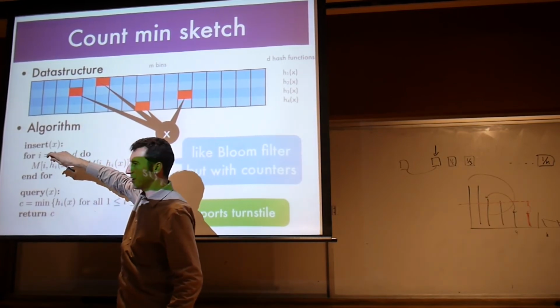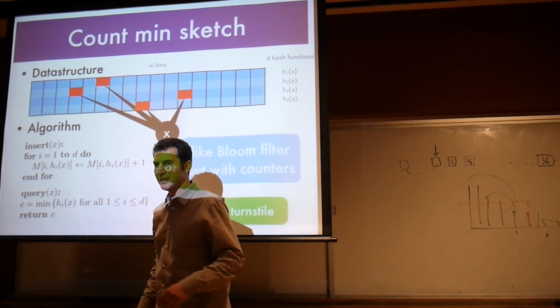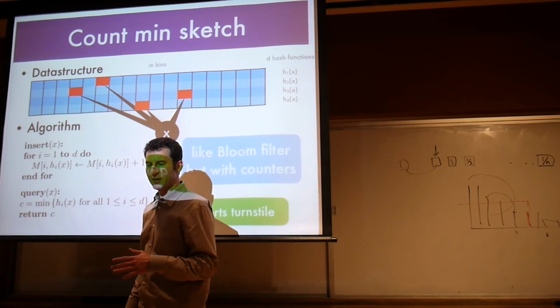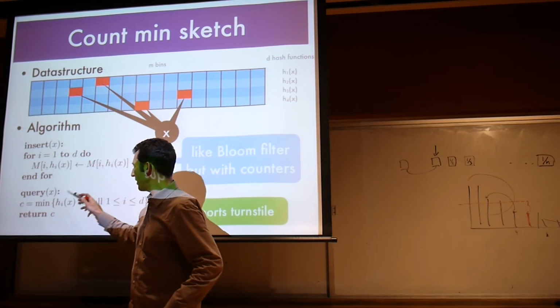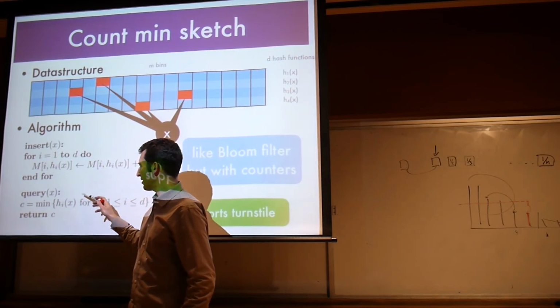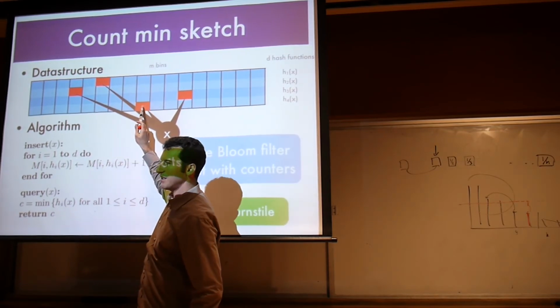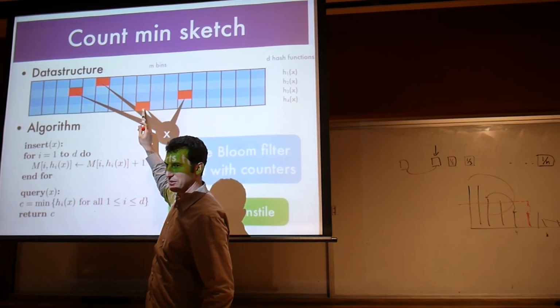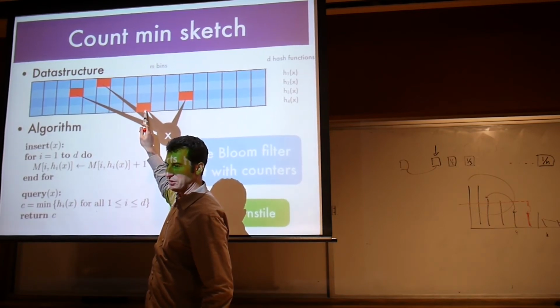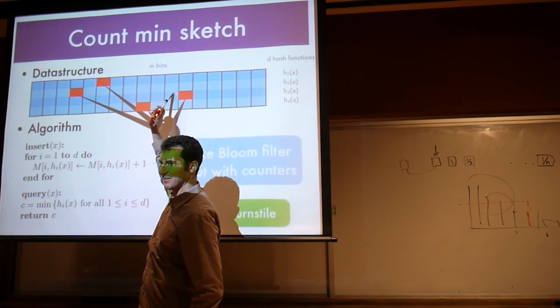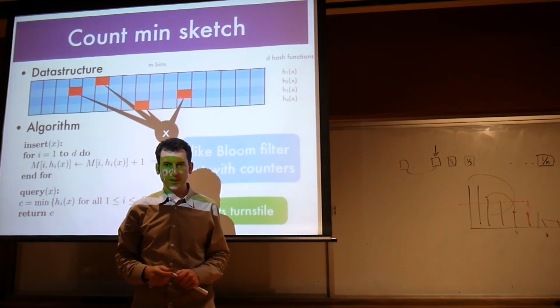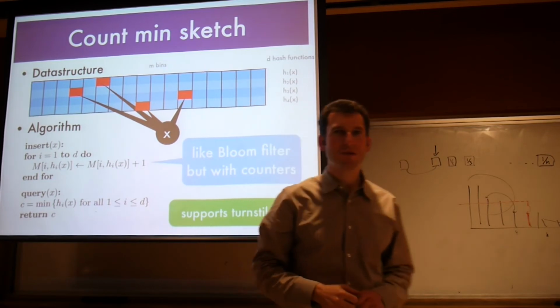So unlike before in the counting Bloom filter where I checked whether things are going one way or another, here I just increment. And for query, since I know that each of those bins has to be an upper bound on my counts, I return the minimum of the counts. Are there any questions?